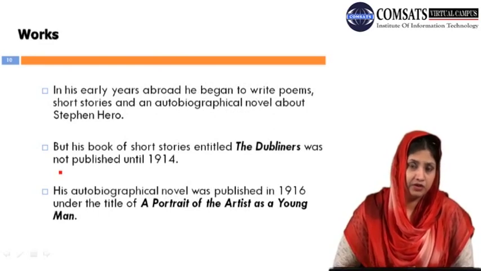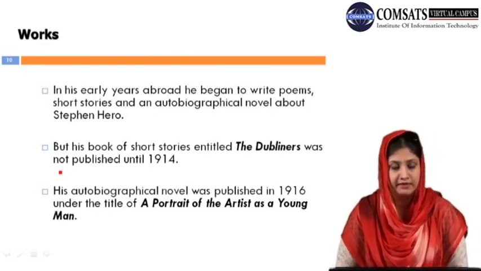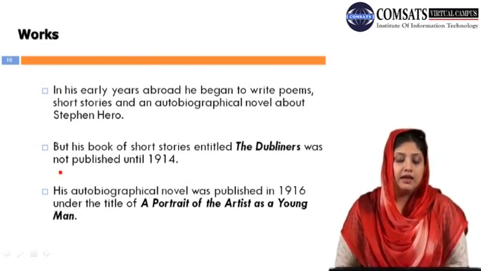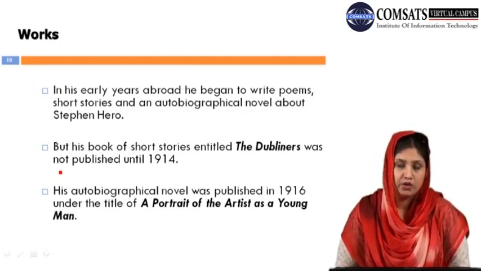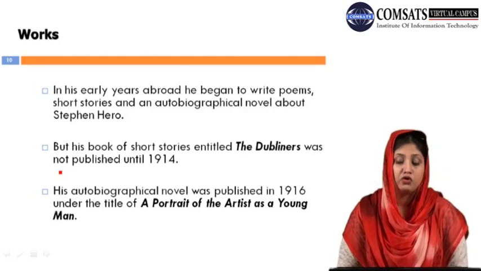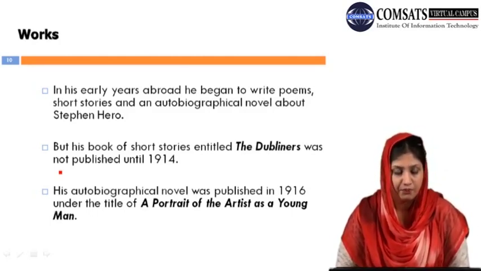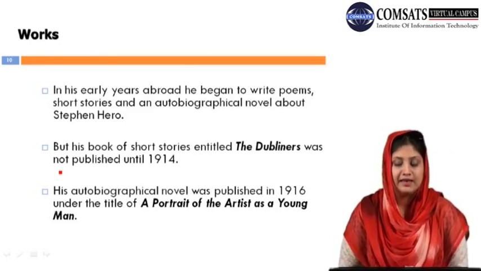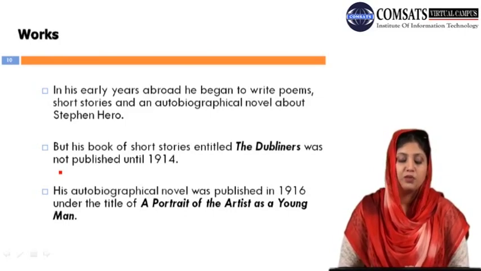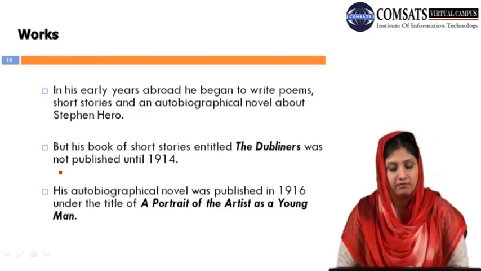Now, a word about the works that he has written. In his early years abroad, he began to write poems, short stories, and an autobiographical novel, Stephen Hero. But his book of short stories, entitled Dubliners, was not published until 1914.